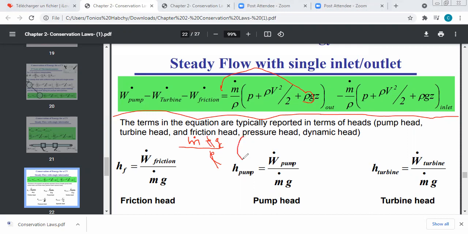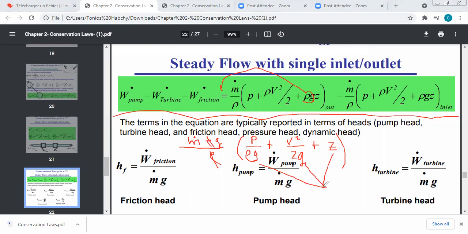Since we take rho g into factor, we'll have P over rho g plus V square over 2g plus z.